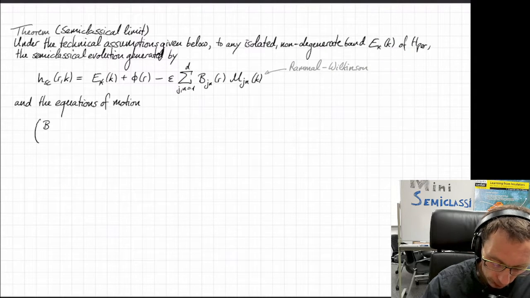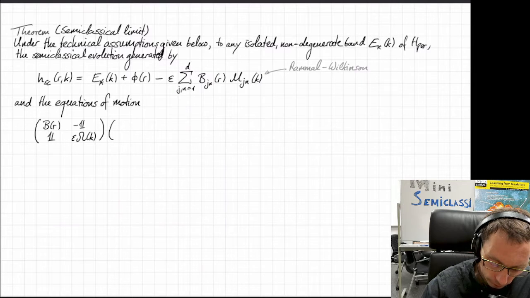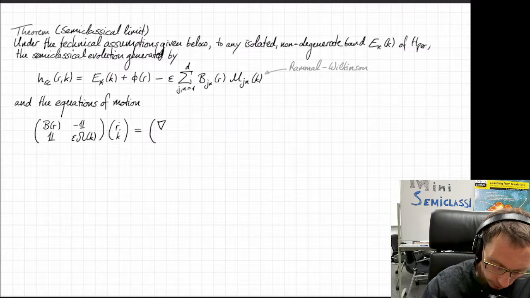So we have a magnetic term, then we have the canonical entries, and then we have an additional term, which is the so-called Berry curvature. And this is equal to the r gradient of H semi-classical and the k gradient of H semi-classical.